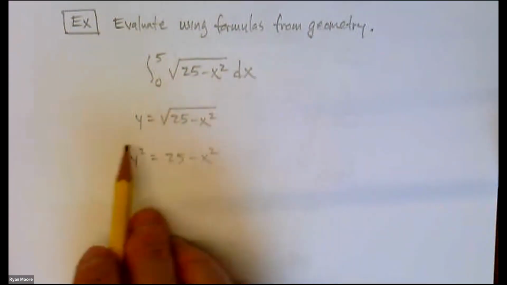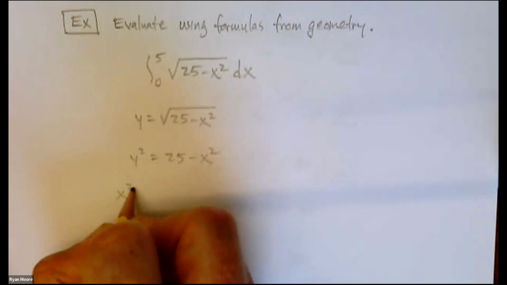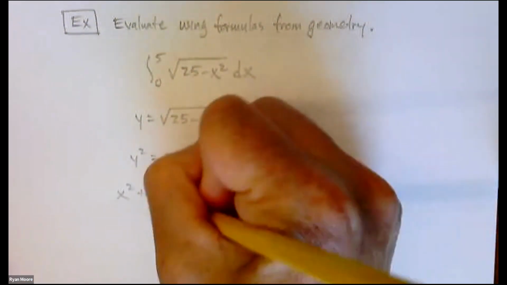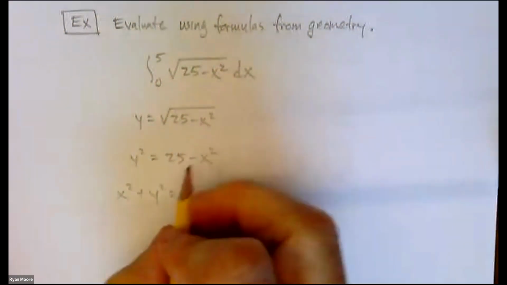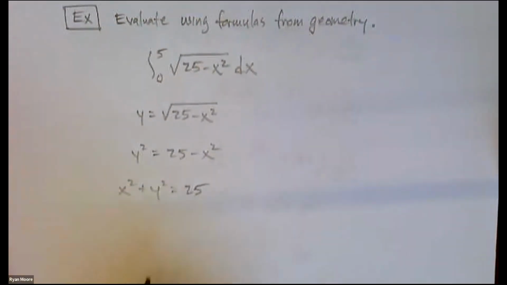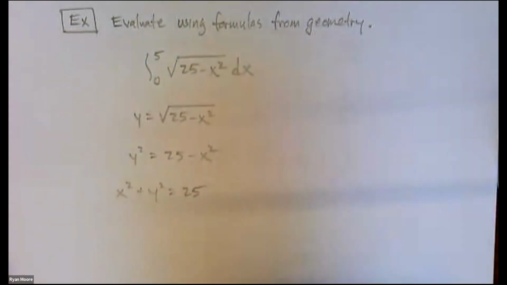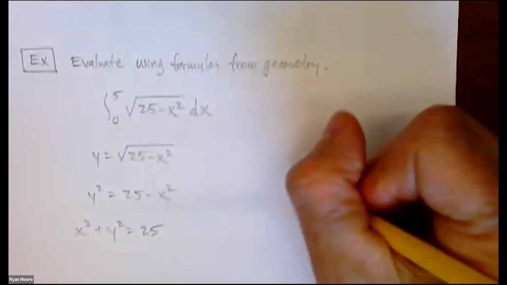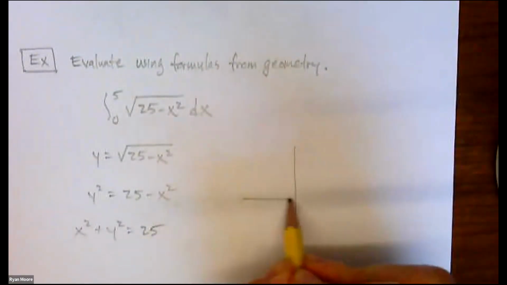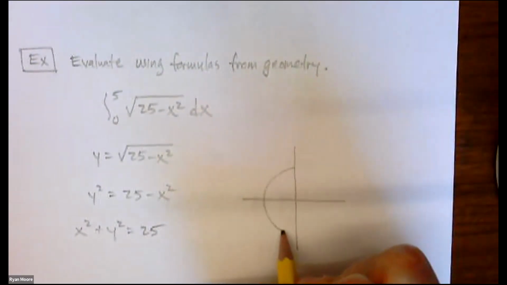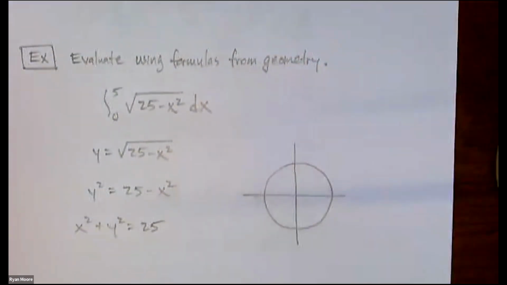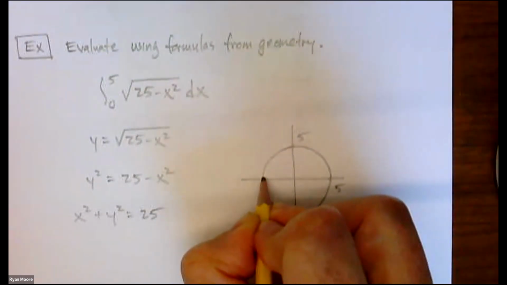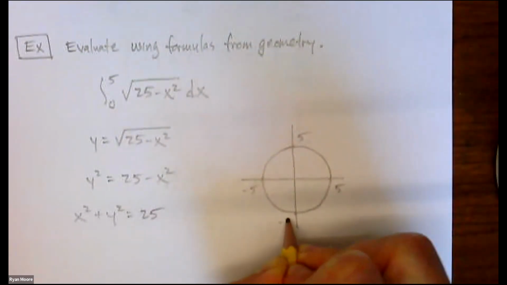What if we were to add this x squared over here? Does that look familiar? Maybe. That is the graph of a circle with a radius of 5. Aha.